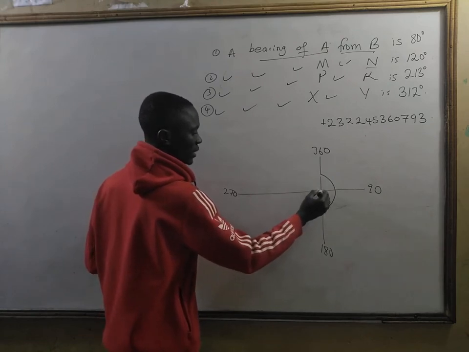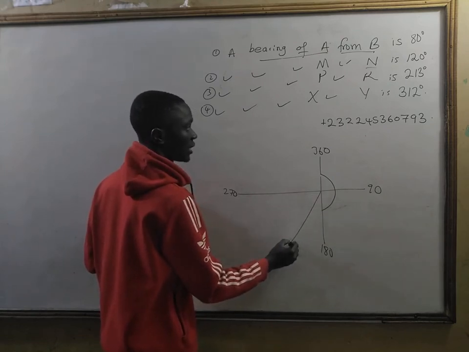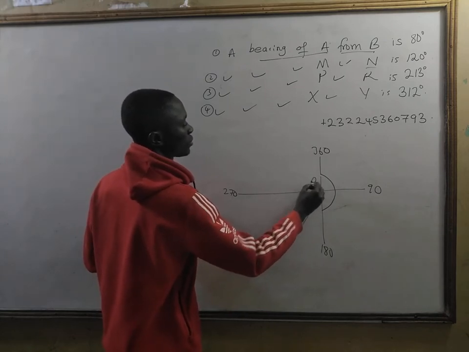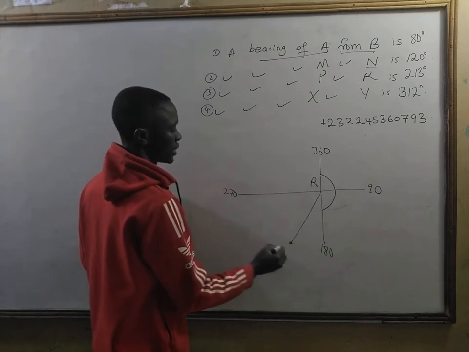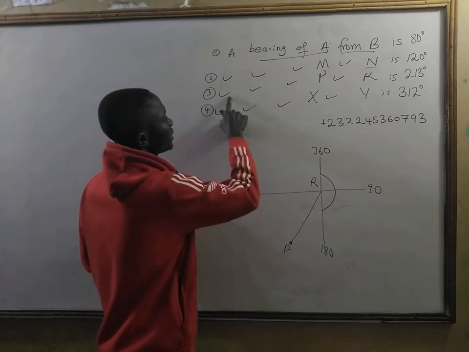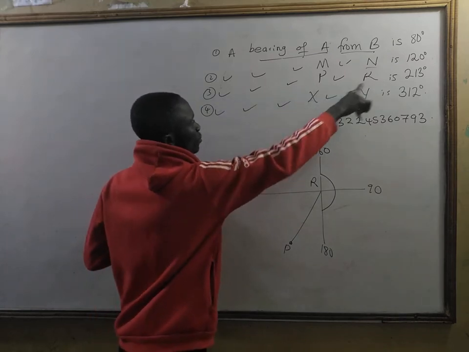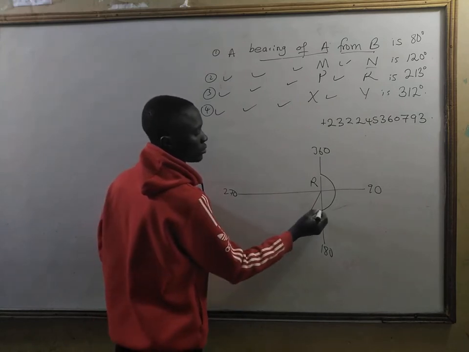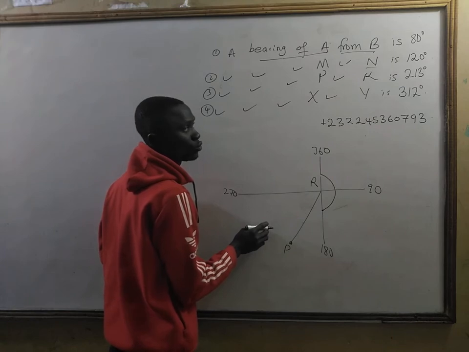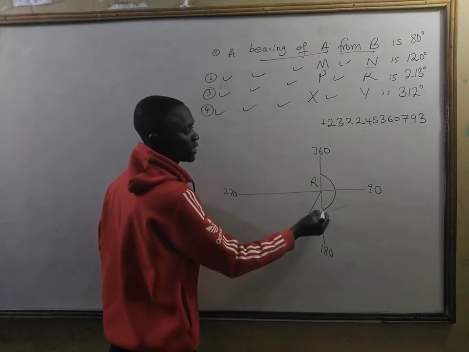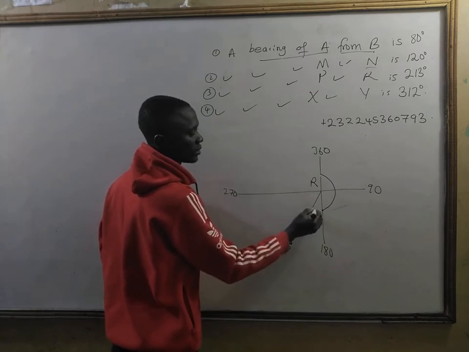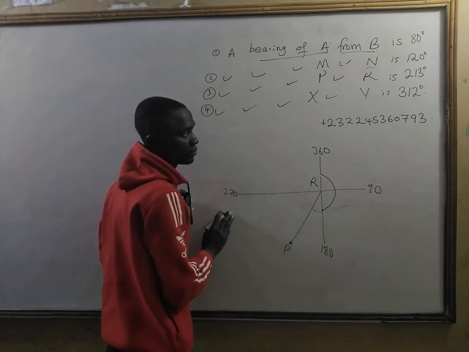So let's assume that it will fall on this line. So this is our R. Then this is P, because we need the bearing of P from R. Okay. So I want 213, and I've got 180. So what is left?